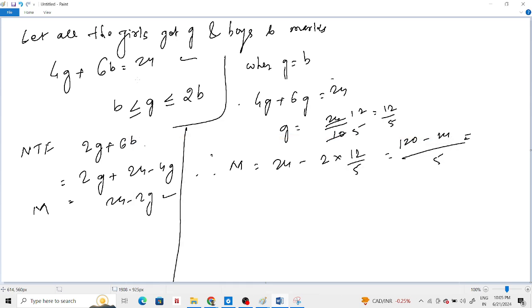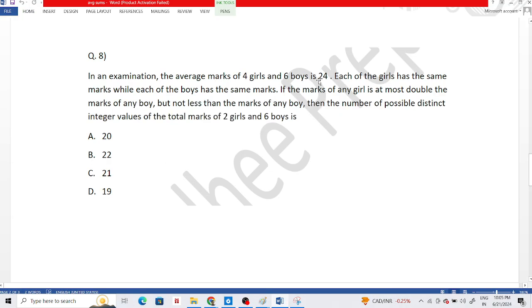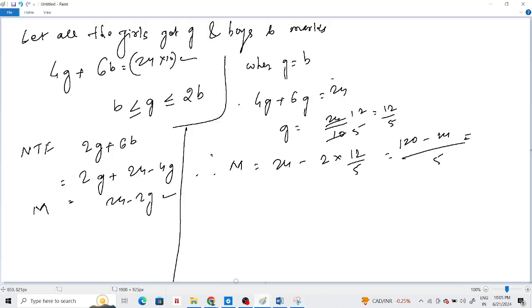I made a mistake, I forgot to multiply by 10 over here because 24 was the average. Total number of people are 10, okay, and I was finding the sum over here, like 4G plus 6G is the total marks of 4 girls and 6 boys. Their average was 24, right?